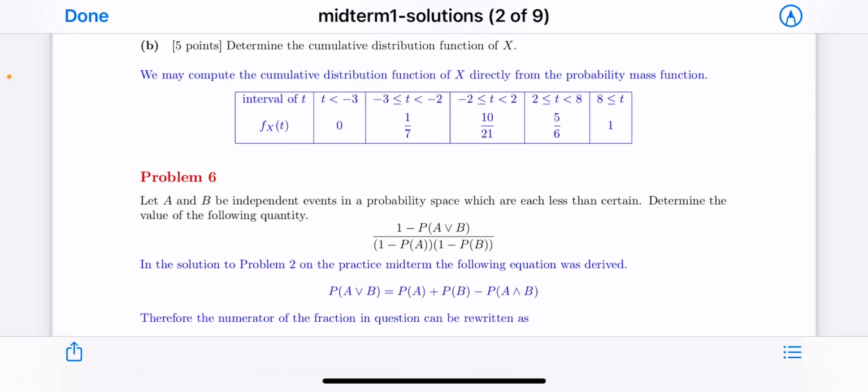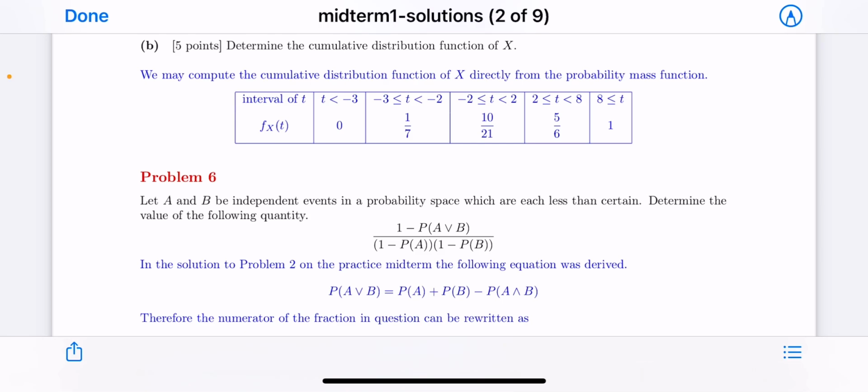It says A and B are independent events, okay, and then it says they're less than certain, but saying they're less than certain is obviously just because the question writer is paranoid about dividing by 0, and they don't want P of A to be 1 in the fraction, which would make us divide by 0.